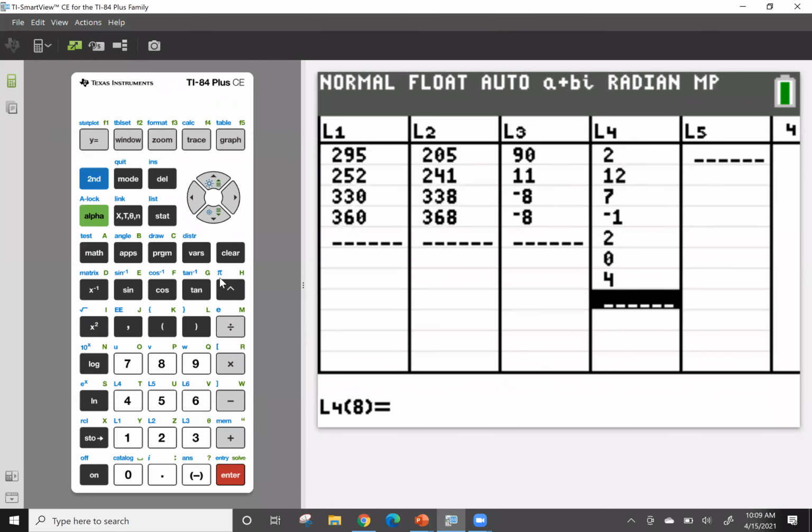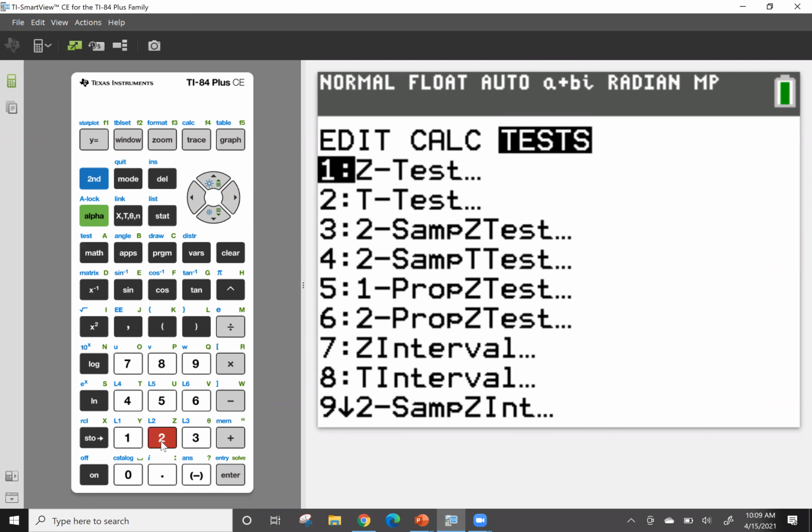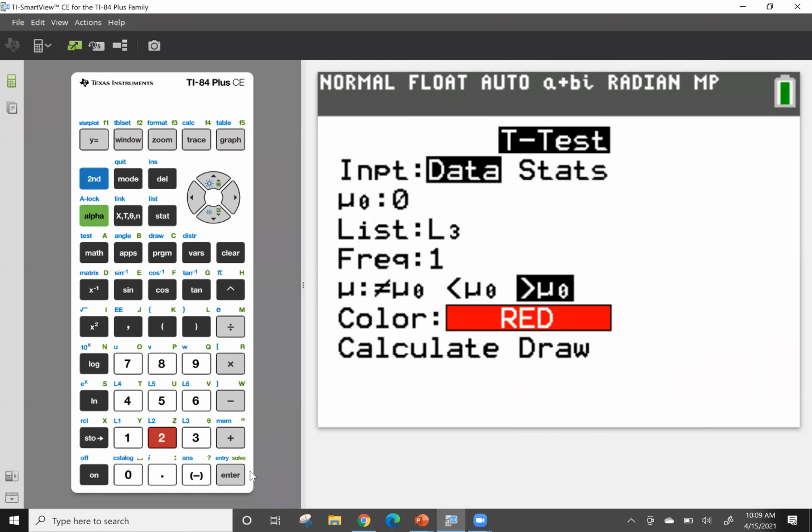We're going to go to stat, tests, t-test. From my data, I'm going to use L4. And it's a two-tailed test, so I'm going to use not equal to.